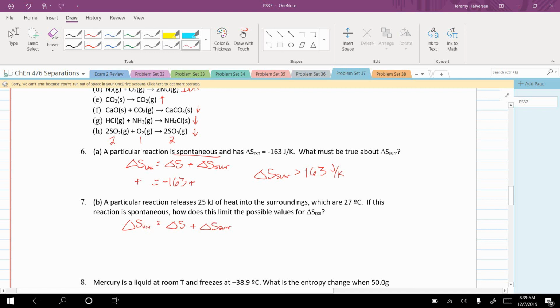We know that it is spontaneous, so this must be positive. So I'm going to write that everything on the right side has to be greater than 0, because if all of this is greater than 0, this must be positive.